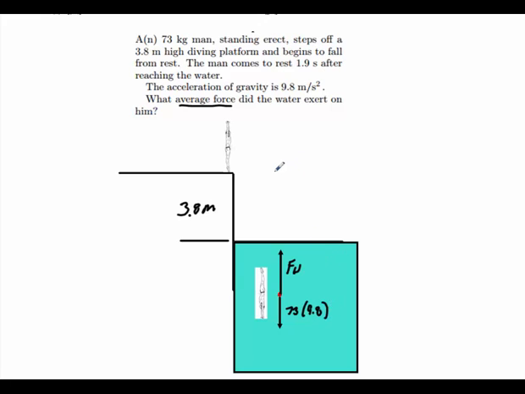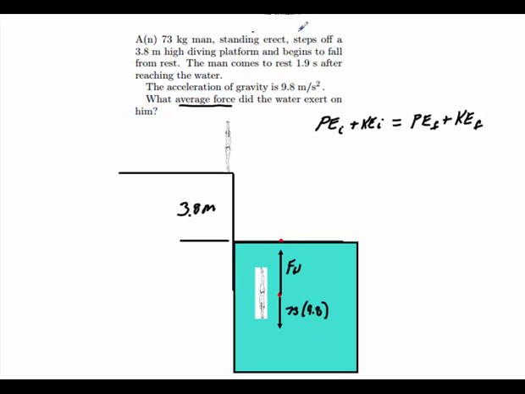Alright, so now let's find out what the velocity is when the man hits the water. We could do this with the kinematic equations, or with potential and kinetic energy, so I'm going to use energy. The initial potential energy plus the initial kinetic energy must equal the final potential energy plus the final kinetic energy. I'm defining final as when the man is just touching the water at this location.